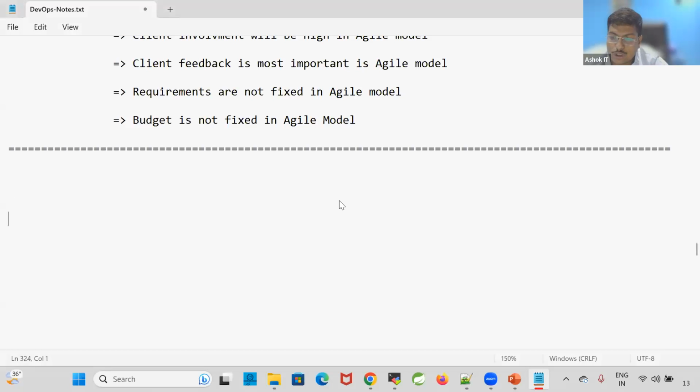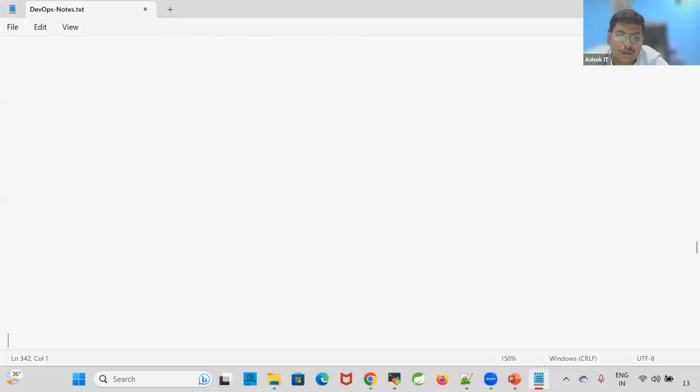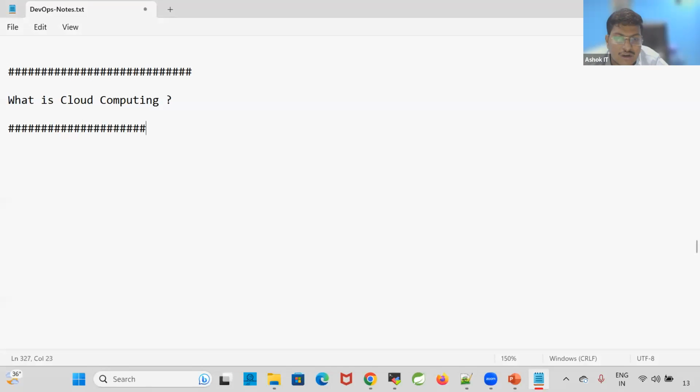Yes. The next topic, a very important point that every DevOps engineer should know: what is cloud computing? Why do we need to go for cloud computing? As a DevOps engineer, why do we need to learn cloud computing? Are you getting my point, guys?